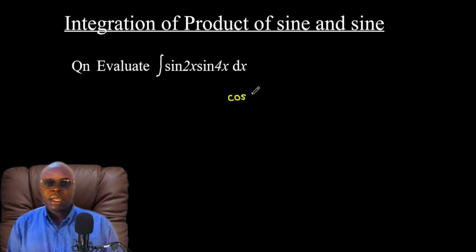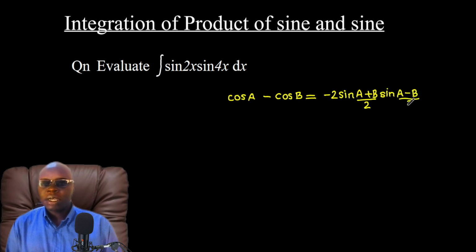Cosine of an angle A minus cosine of any angle B is given as -2 sine of (A plus B) over 2 times sine of (A minus B) over 2.